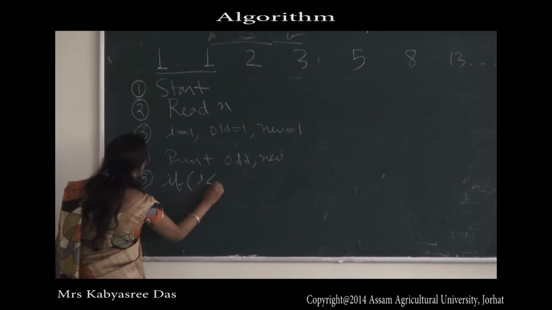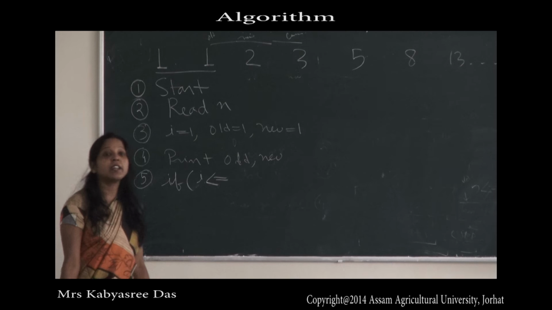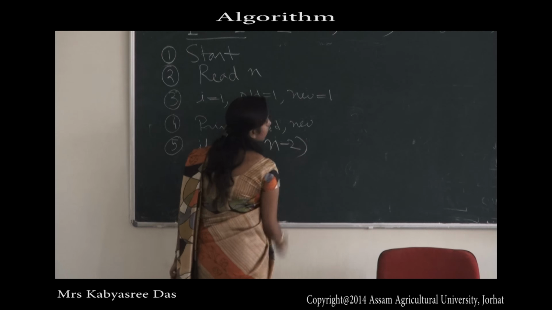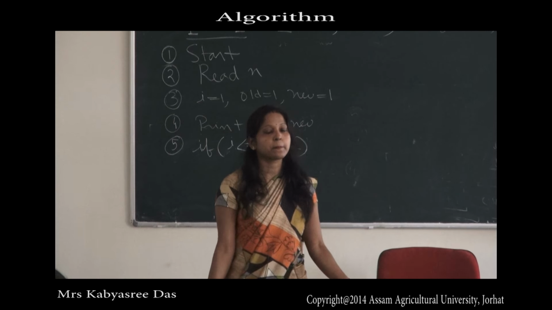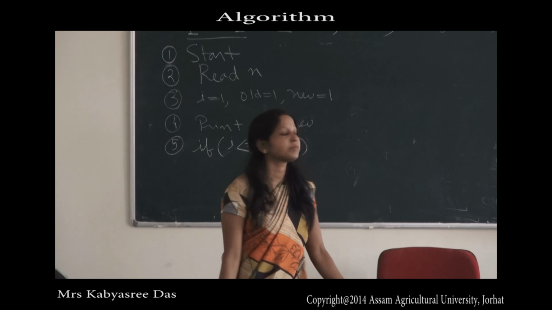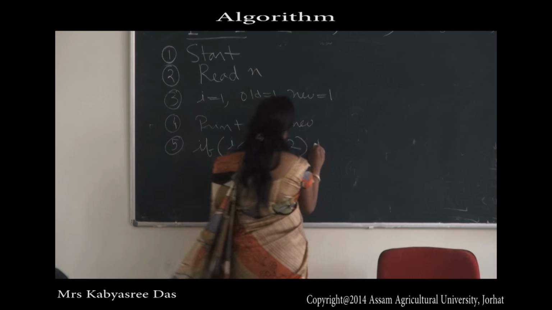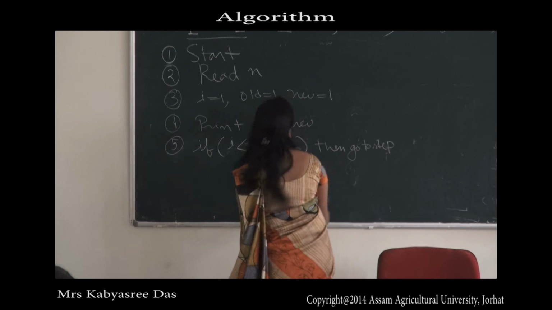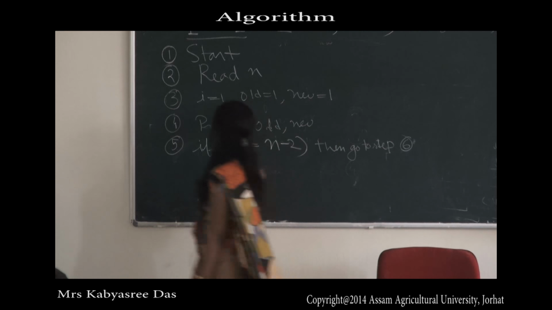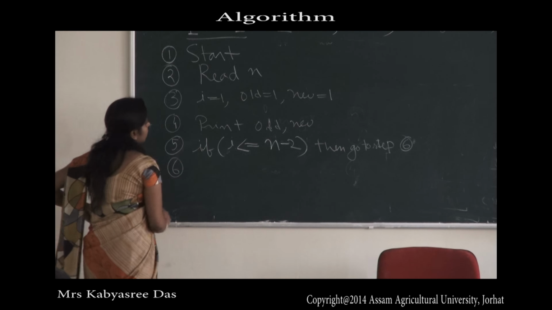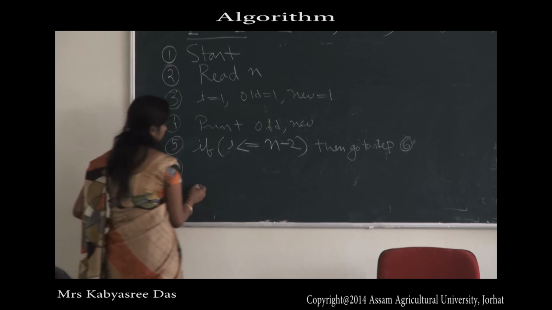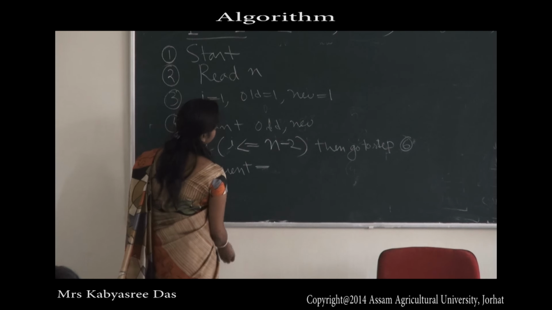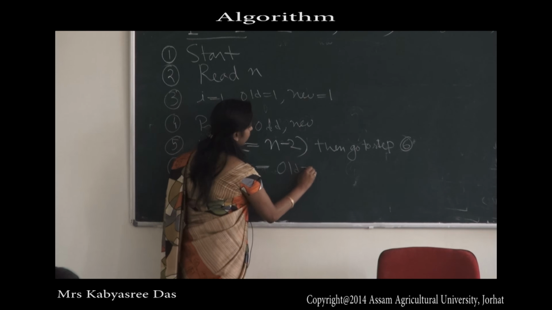If I is less than or equal to n minus 2, then go to step 6. Current equal to old plus new.